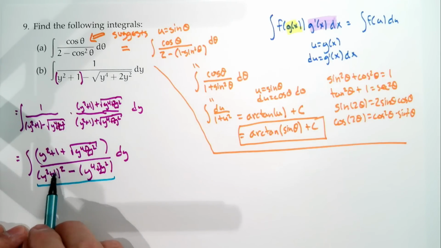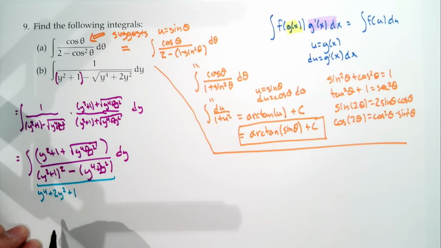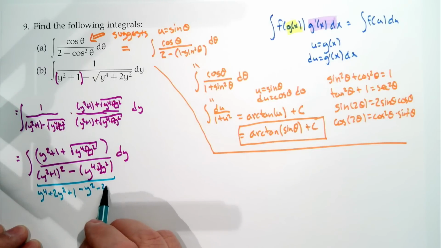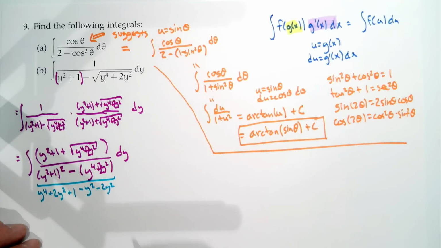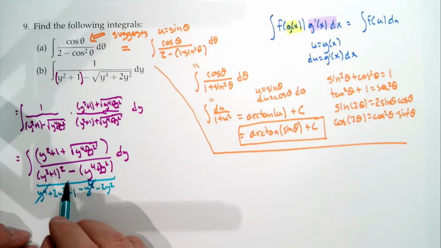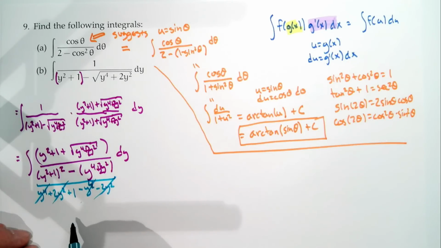If we take y squared plus 1 quantity squared, that would be y to the fourth plus 2y squared plus 1. And then we're going to subtract y to the fourth and subtract 2y squared. And I said y to the fourth, but I wrote y squared. There we go. Y to the fourth minus 2y squared. And so if you look at your denominator, you'll see, whoa, it's 1.